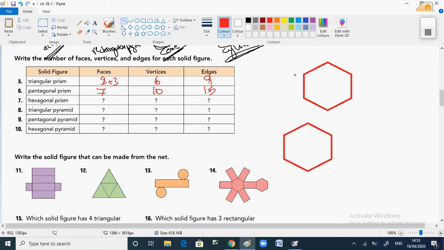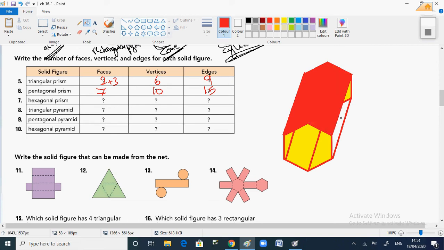Let me connect between them. So look here, I want to count.